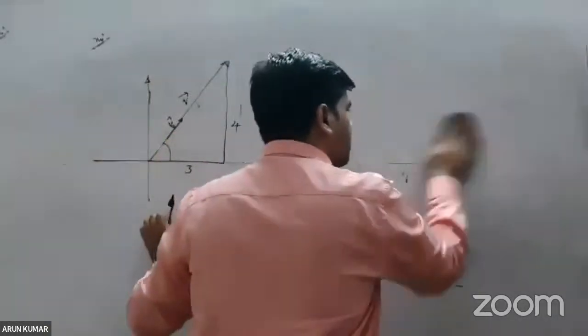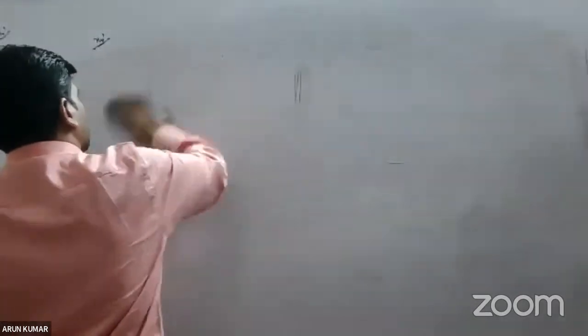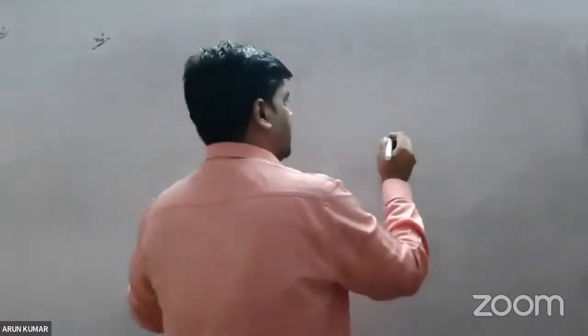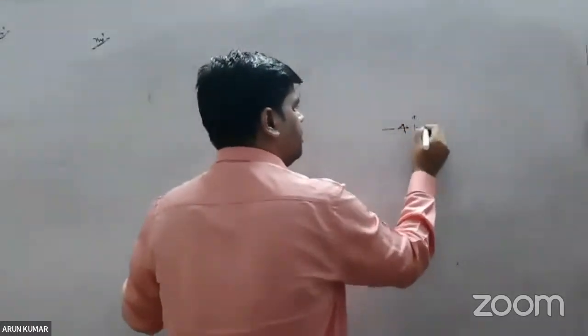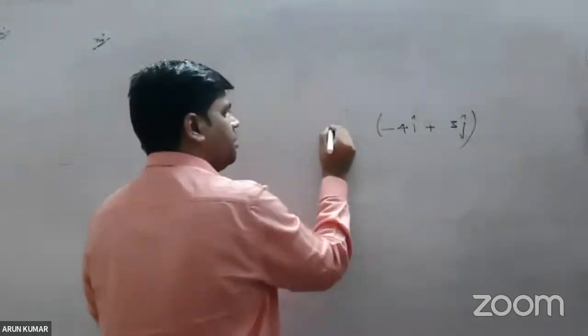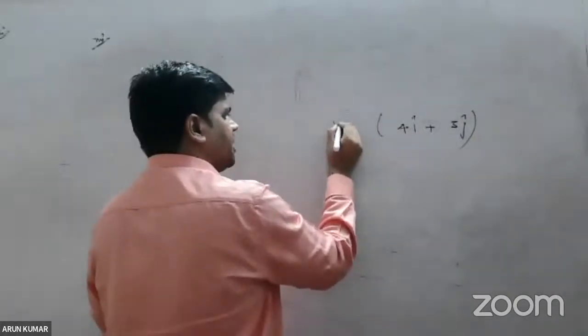A car is moving in direction minus 4i cap plus 3j cap. Let's say 4i cap and 3j cap, right? Not minus 4i cap and 3j cap.